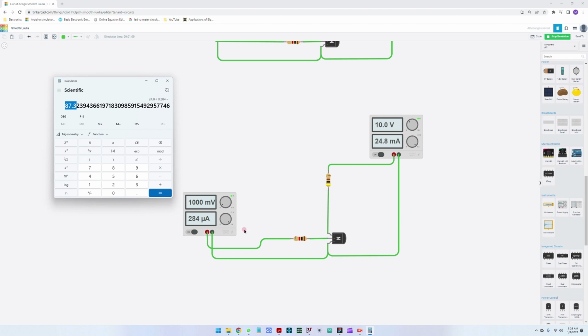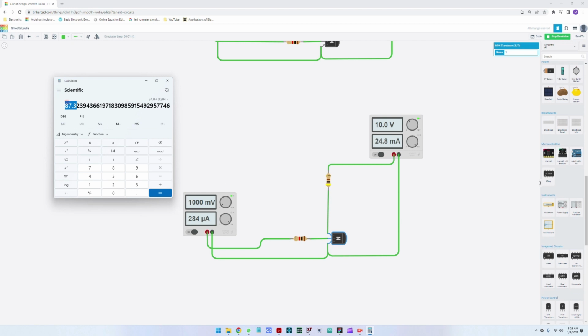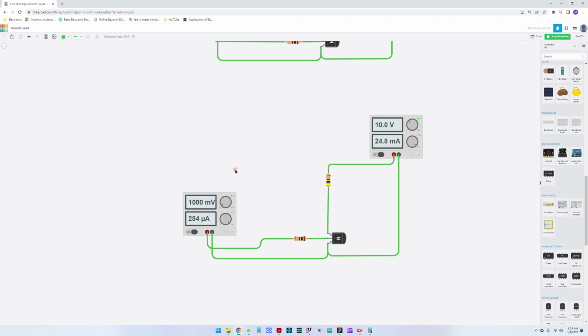Okay, so this means that the transistor is amplifying any signal from the input, any current coming from the input, by 87.3 times.